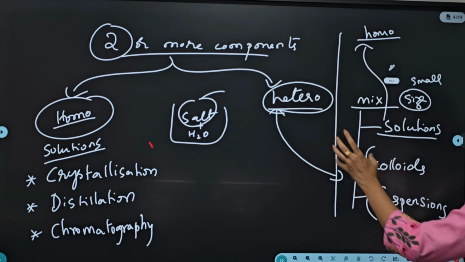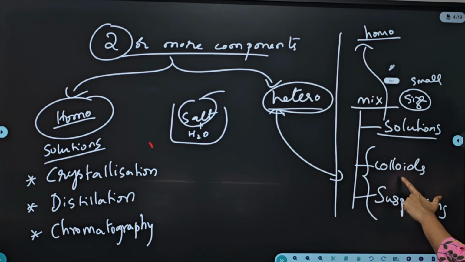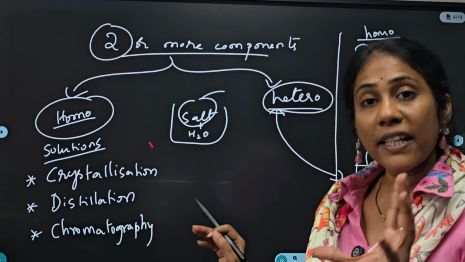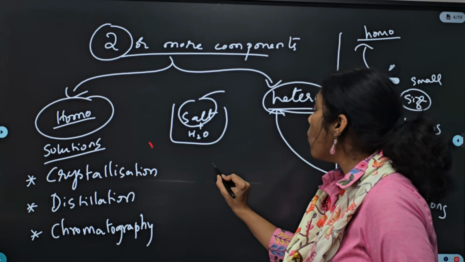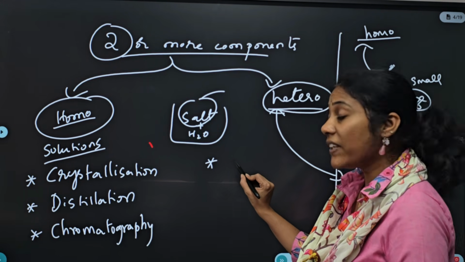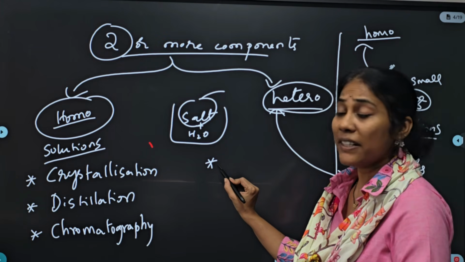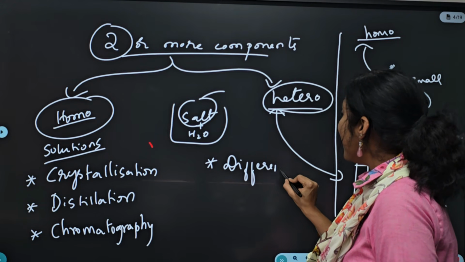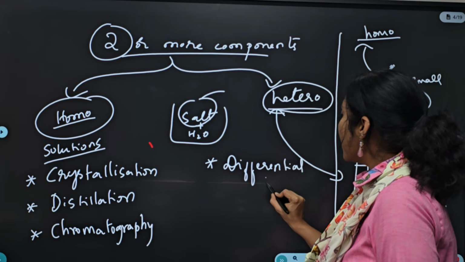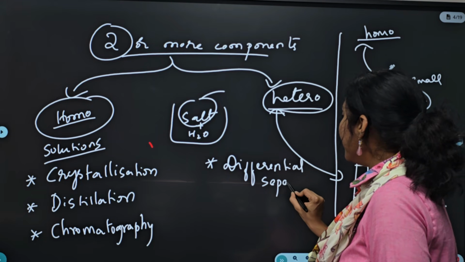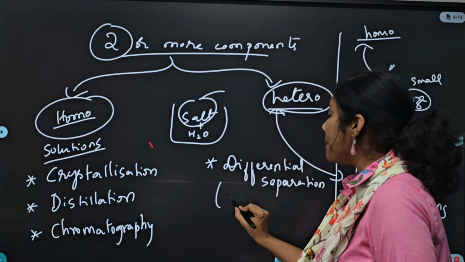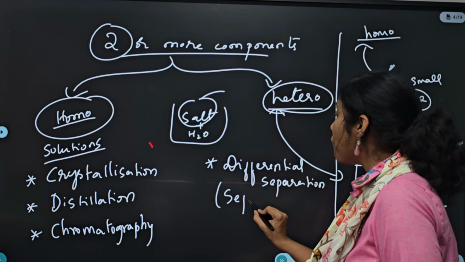Now coming to the heterogeneous mixtures. Which are examples of heterogeneous mixtures? Your colloids come under that, and suspensions come under that. For heterogeneous mixtures, one separation technique we can perform is differential separation. What do you mean by differential separation? Of course you don't find this heading in your textbook, but you have seen separation through a separating funnel.